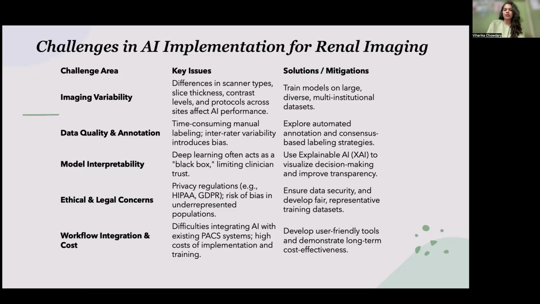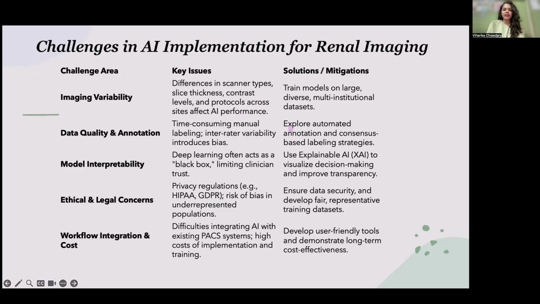All these can be addressed by giving multiple data to the set, multi-institutional data sets, not from a single institute but from multiple institutes. CT KUB cases should be collected, and it should be trained even for low variation and low clarity.